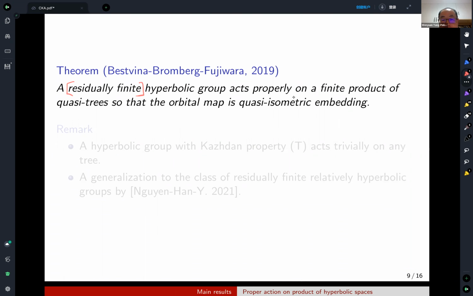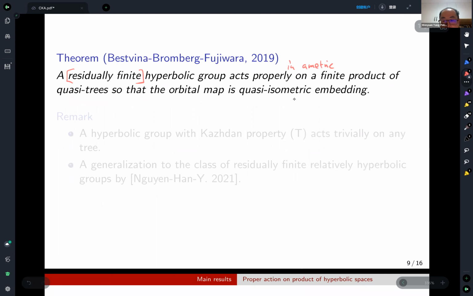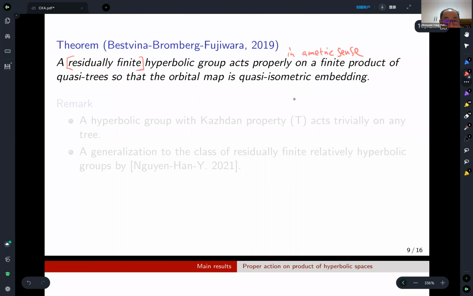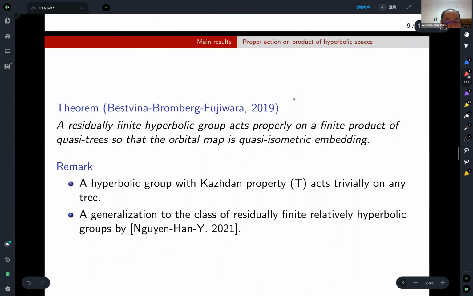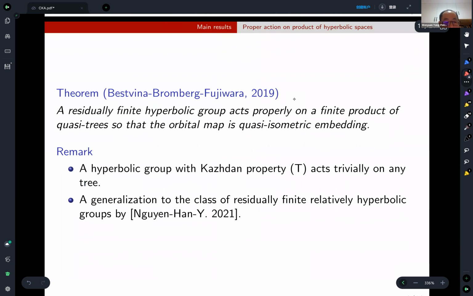Here, acting properly just means this in a metric sense: for any metric ball of radius r, only finitely many elements translate the ball so that it intersects itself. It is a metric sense, not a topological sense. In fact, you can't improve the quasi-tree to a tree.